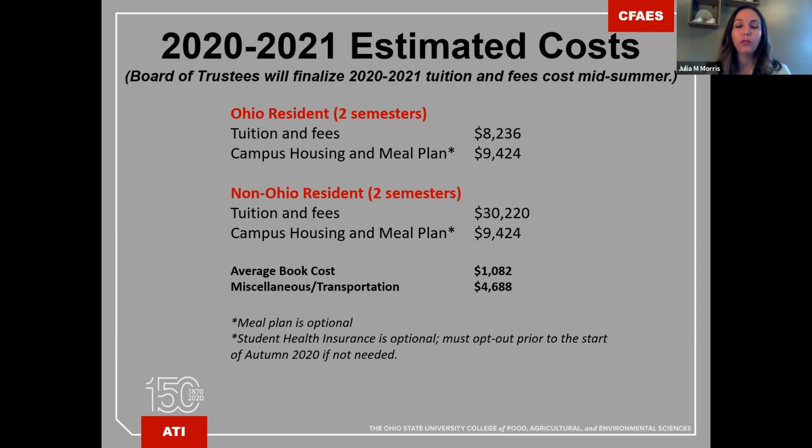The black bold for average book costs and miscellaneous, those figures are factored into the cost of attendance, but we're not billing you those amounts, okay? But we do know that that is an expense when going to college. Meal plan is optional, and student health insurance is optional too. So make sure that you opt out of the health insurance if you're already covered, and that you do that before autumn semester begins.